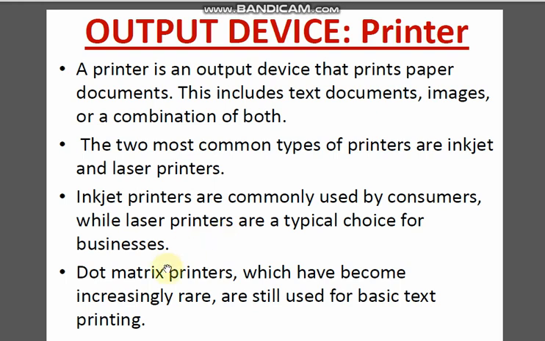Dot matrix printers were used earlier. They are very noisy, but nowadays dot matrix printers are remade, and they are again used. Dot matrix printers are also known as DMP printers. They are used for basic text printing.